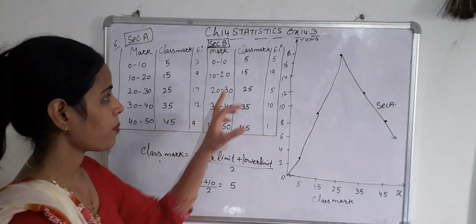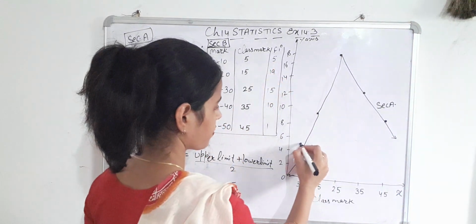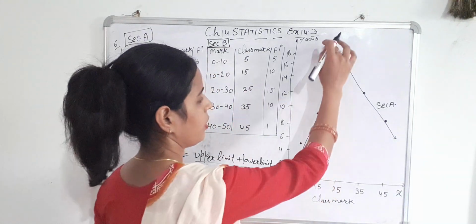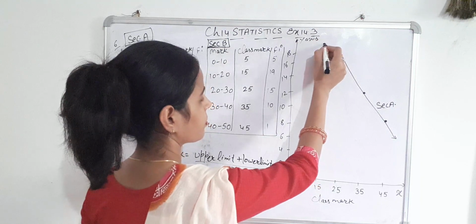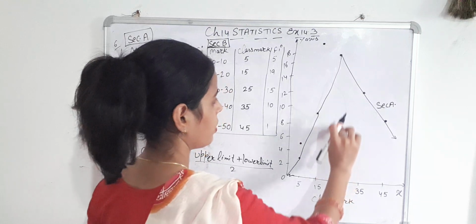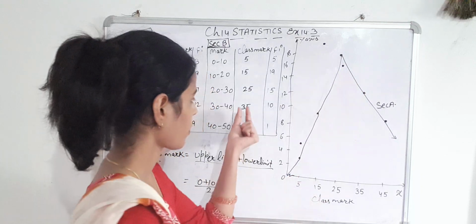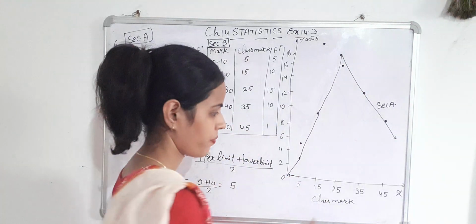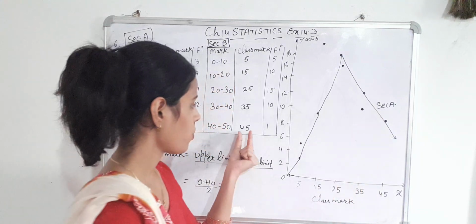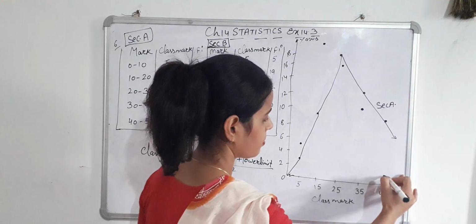For section B, 5, 5. 15, 19. 25, 15. 35, 10. 45, 1.